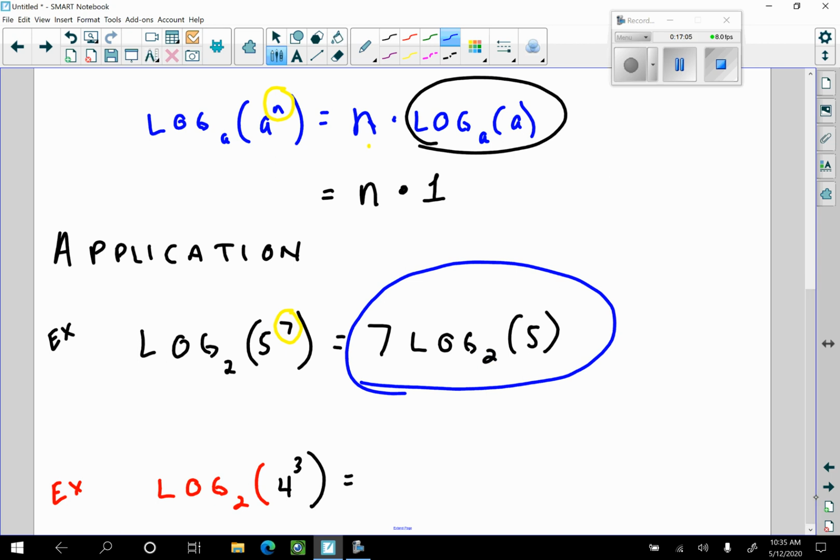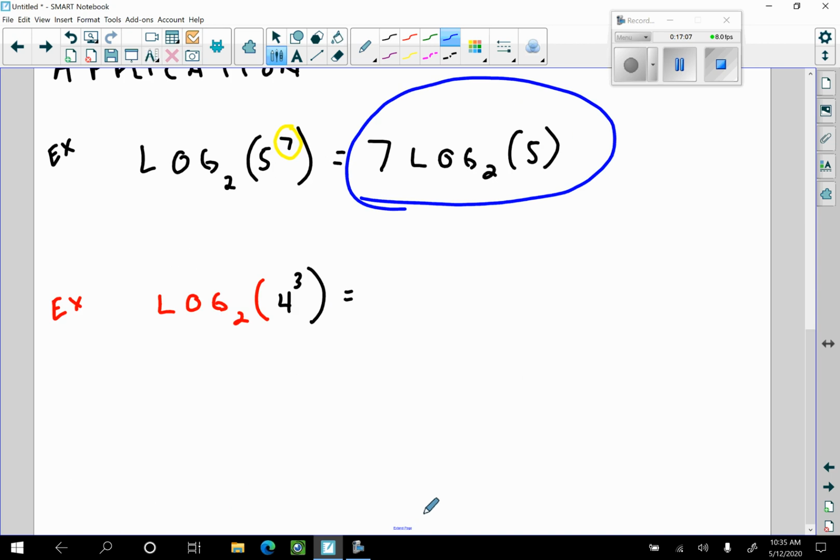And then our last example for this particular video: I'm going to use the power property. I take this exponent there, move it down in front. So that's going to be 3 times log base 2 of 4. Oh, this one I can evaluate because I know what this is.